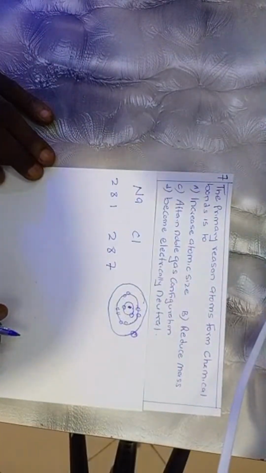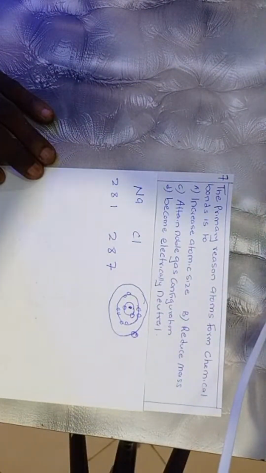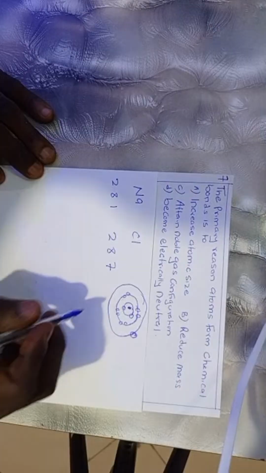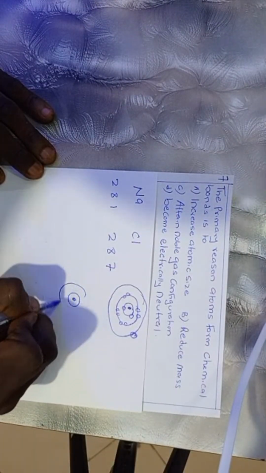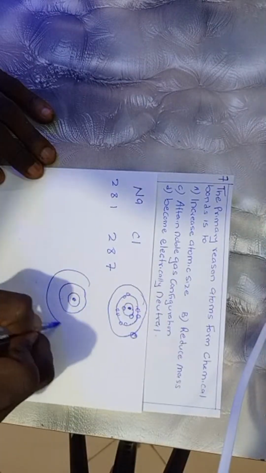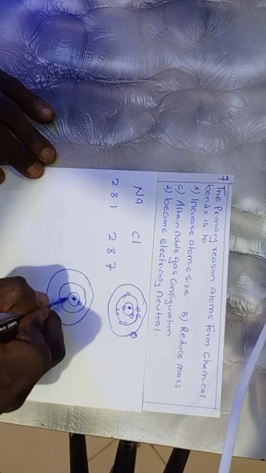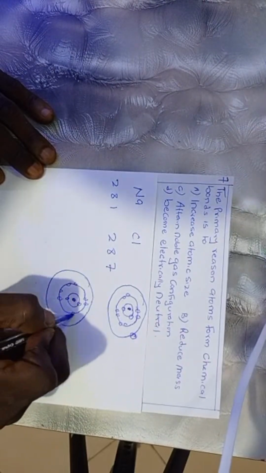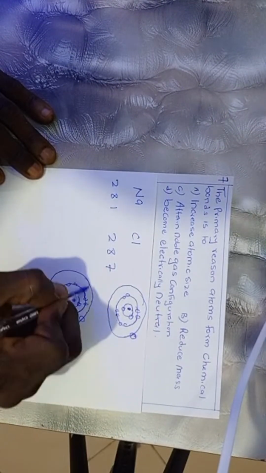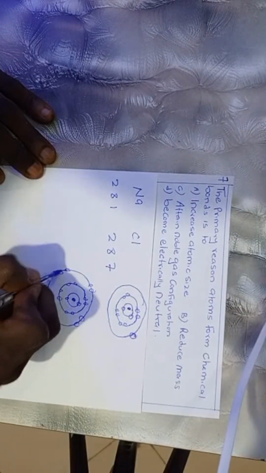That makes it to be in group 1. It has 1 valence electron. What about chlorine? Chlorine looks just like this. You have the first shell, second shell, you have the last shell here. So 2 electrons here, you have 8, and you have 7 electrons on the outermost shell.